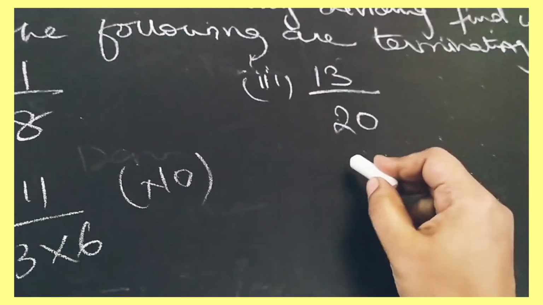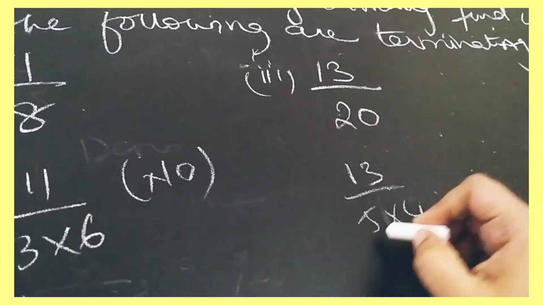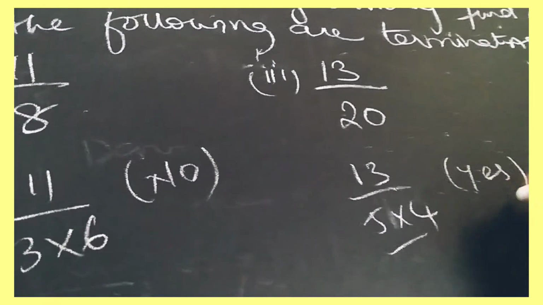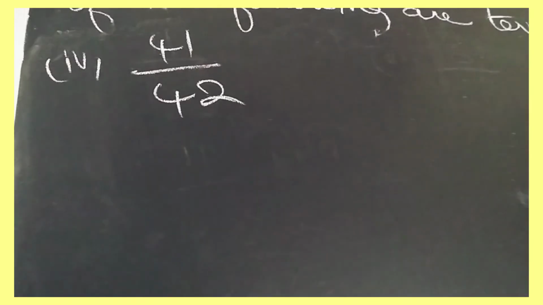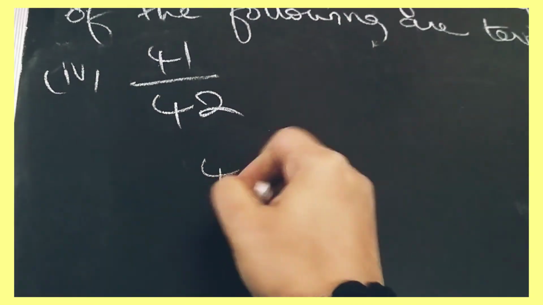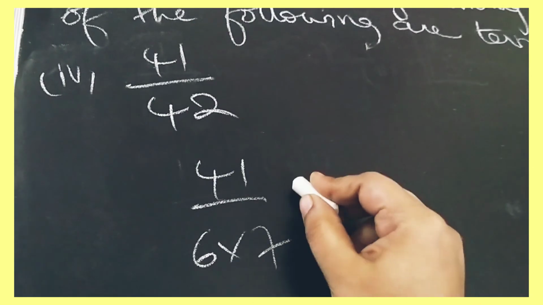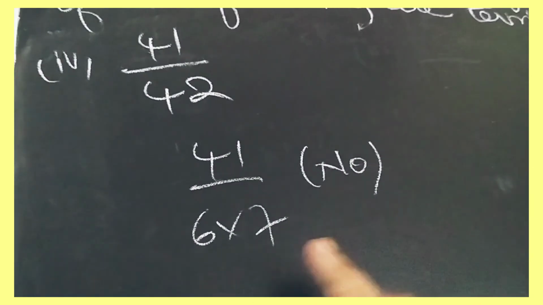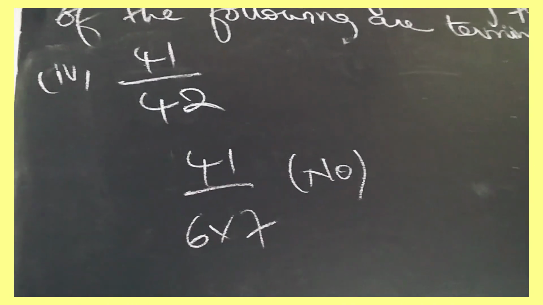So 13 by 20 means 13 by 5 fours are 20, so yes, it is a terminating decimal. Now here 41 by 6 sevens are 42, or 7 6s are 42, it is also no. It is not a multiple of 5. So the answer is no.